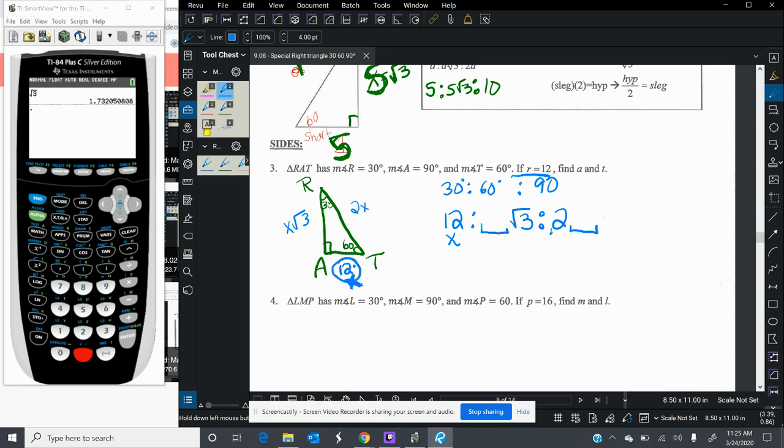So if the x measurement they give us is 12, across from the 60-degree angle is now going to become 12 square roots of 3, and across from the 90-degree angle, twice 12 will give us the hypotenuse to be 24. So in that case, little a was 24, and little t is 12 radical 3.